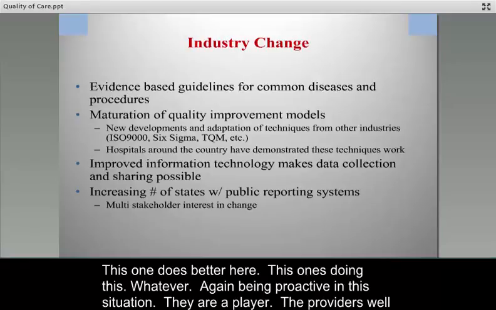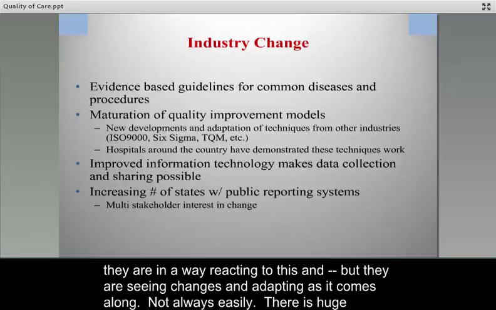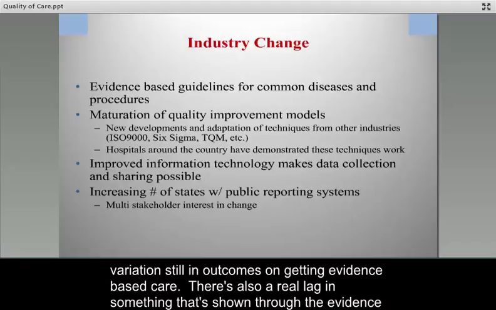They are a player. The providers, well, they're in a way reacting to this, but they are seeing changes and adapting as it comes along. Not always easily. There is huge variation still in outcomes on getting evidence-based care.